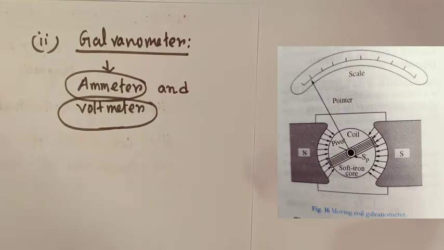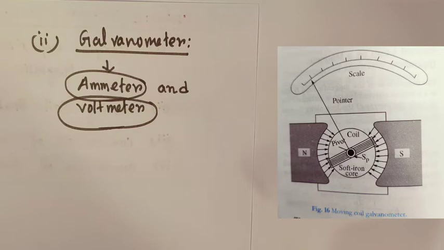It consists of a coil of fine wire of many turns wound on a cylindrical soft iron core, hung from a spring SP and carrying the current I to be measured. The coil is mounted such that it is free to rotate on a pivot in a magnetic field produced by a permanent magnet.